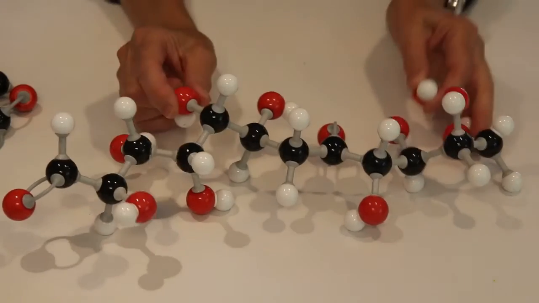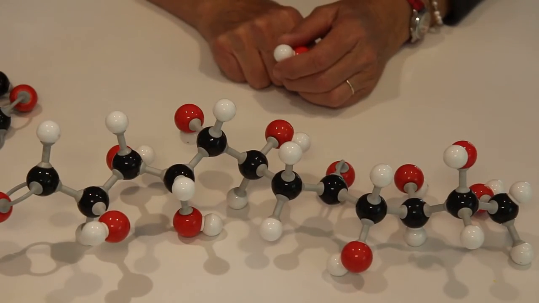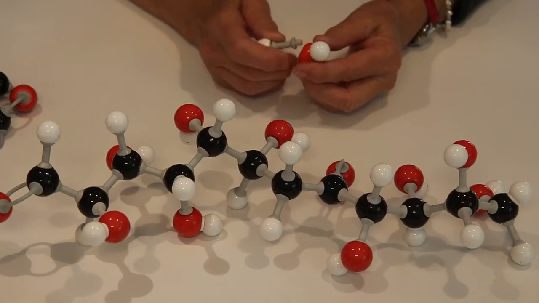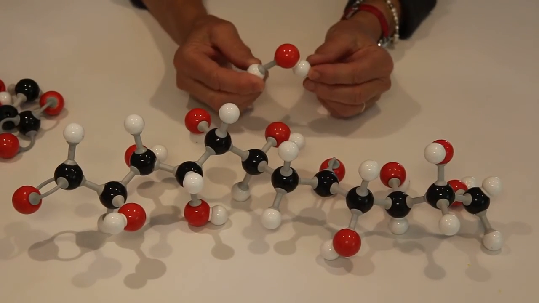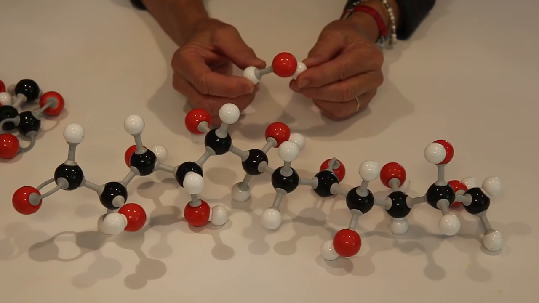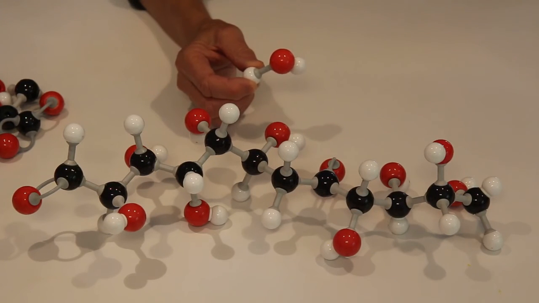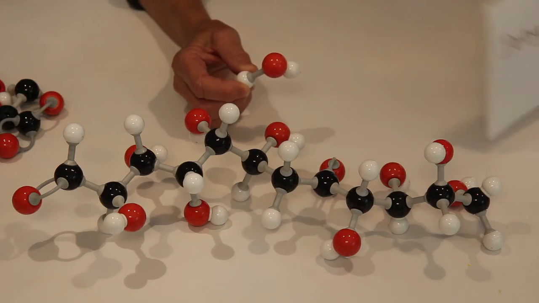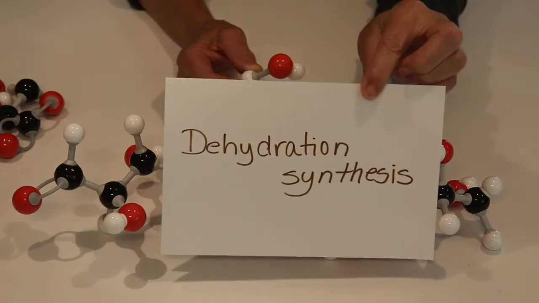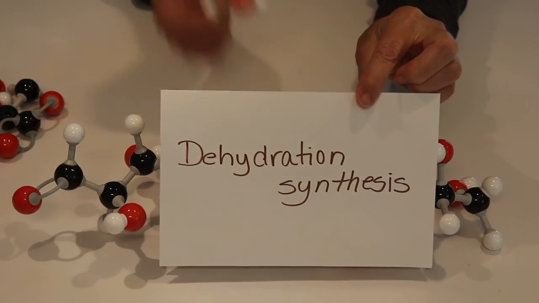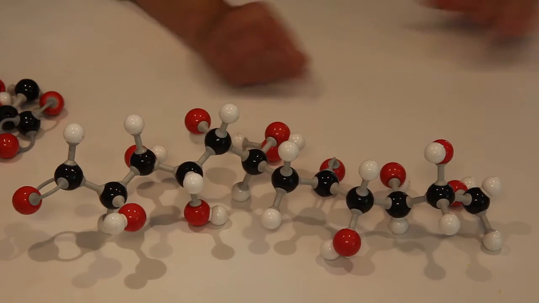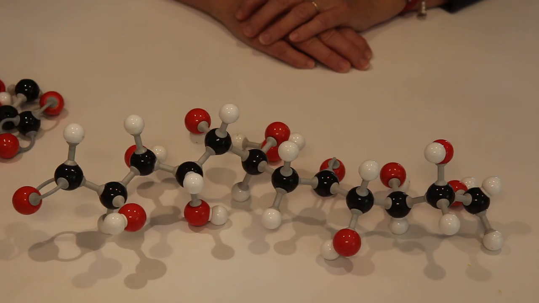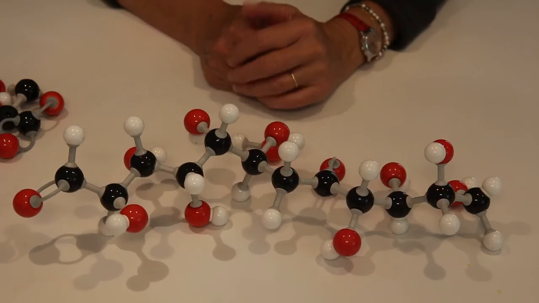And now I have a disaccharide. And what do I have left over? Water. So if I have water left over, that is an example of dehydration. I removed water. Synthesis. I synthesized a molecule. That's dehydration synthesis.